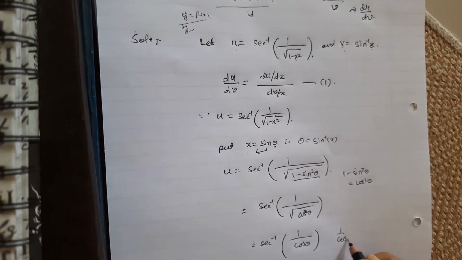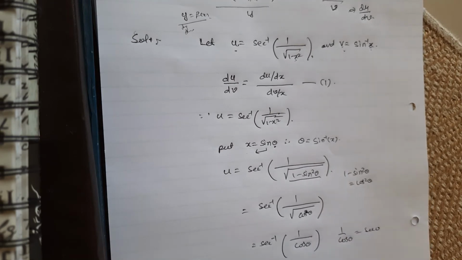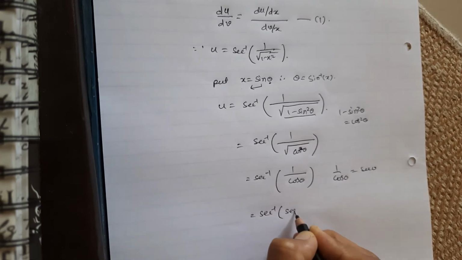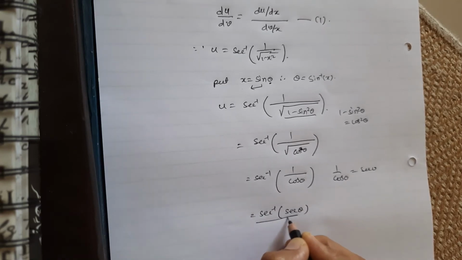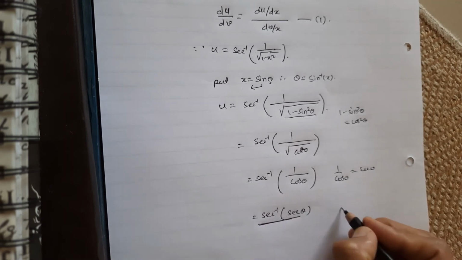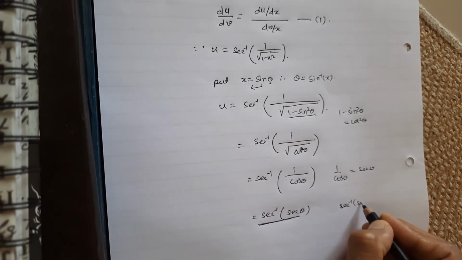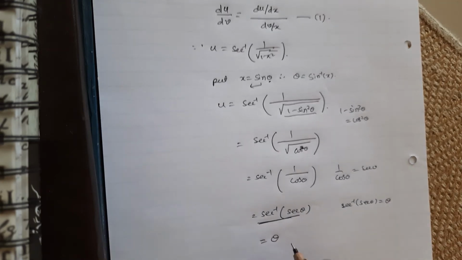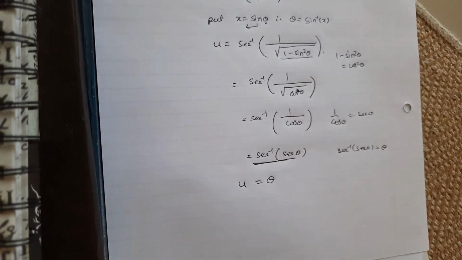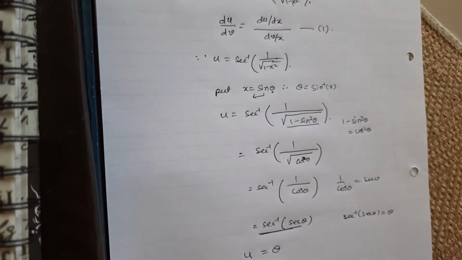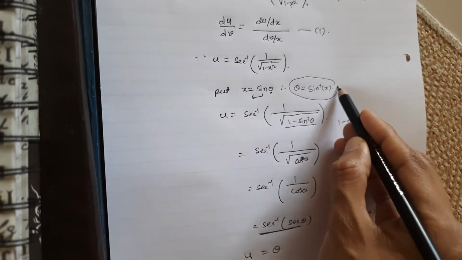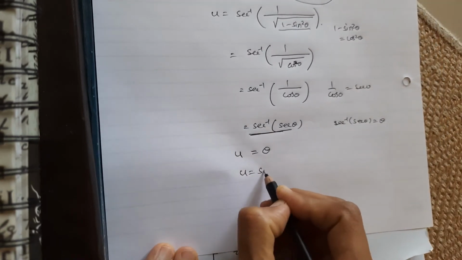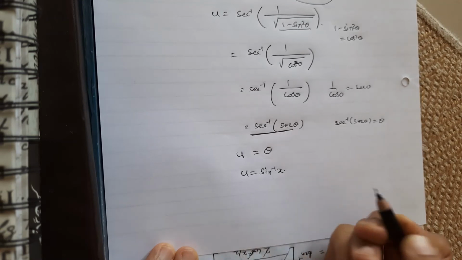Now 1 upon cos theta is nothing but sec theta, we all know this thing, so it will become sec inverse of sec theta. Now as per the formula, sec inverse of sec theta is equal to theta. So what I get is theta here. So my u is equal to theta, but since I have made a substitution, I will substitute back theta as sine inverse of x. So therefore u equal to sine inverse of x.